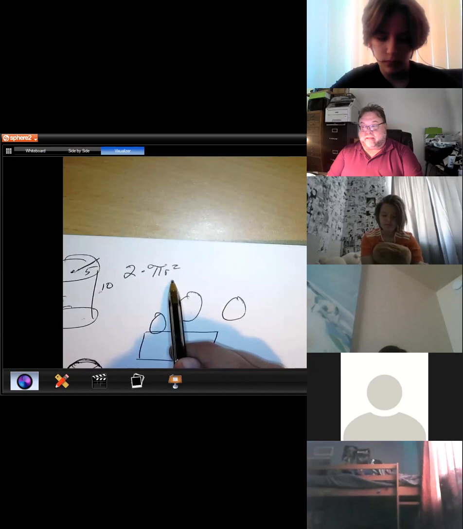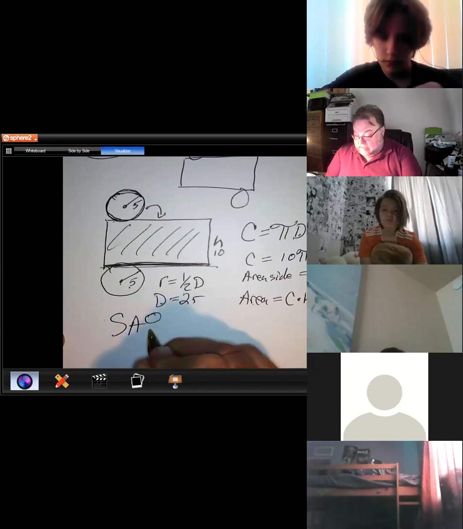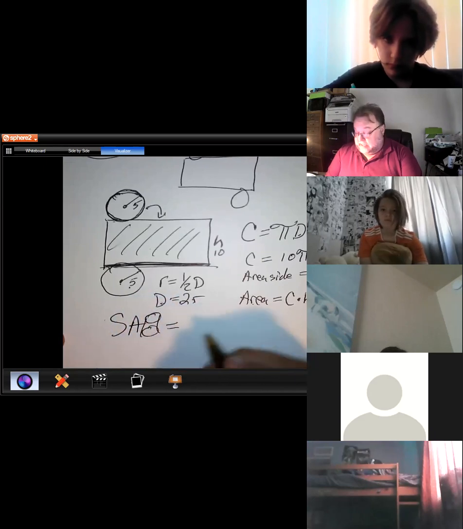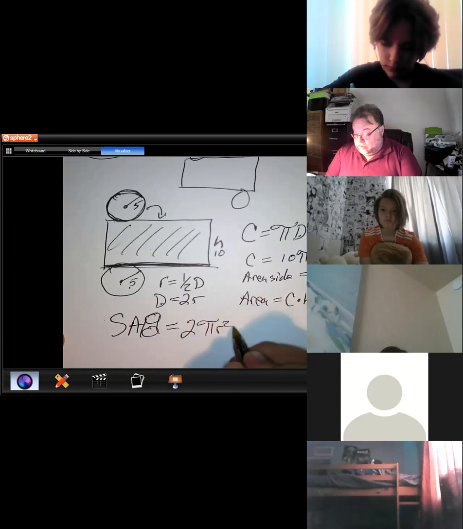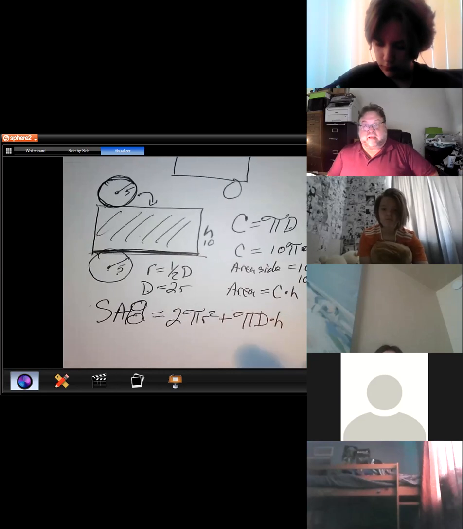Because these are the tops, right? The 2 pi r squared is the area of the tops. So the surface area of a cylinder is going to be equal to 2 pi r squared plus pi times the diameter times the height. So look at that for a minute.